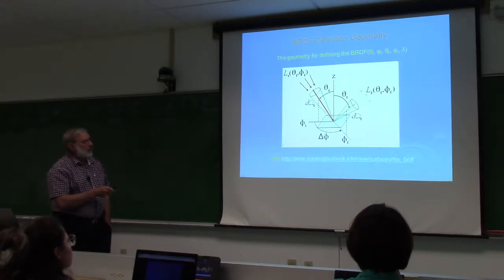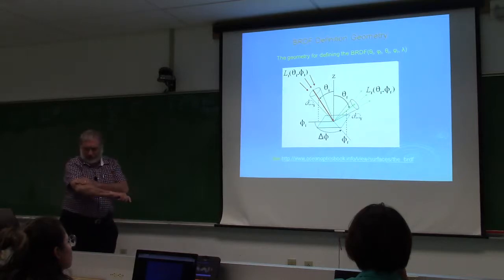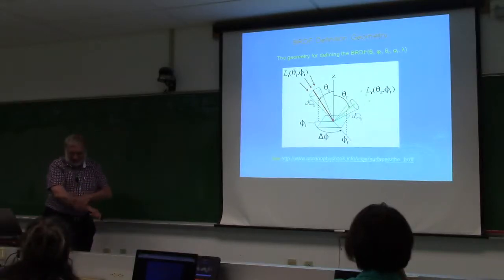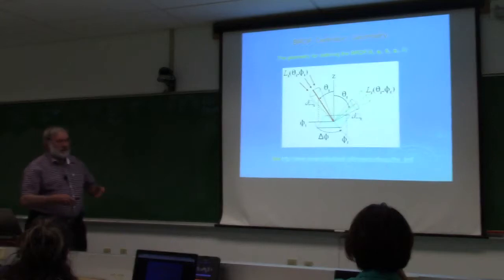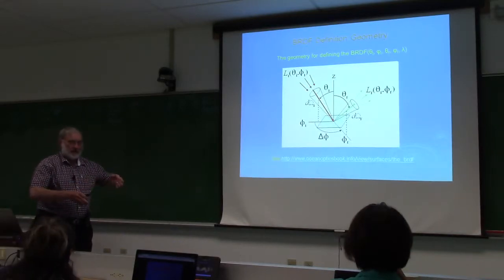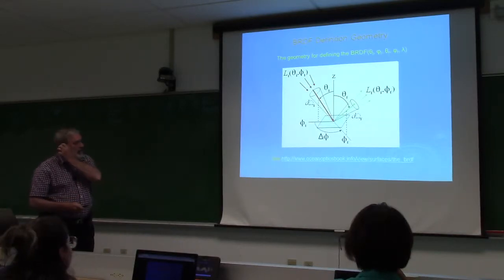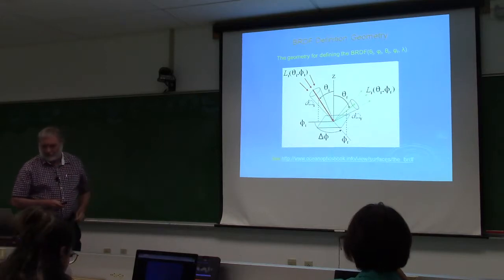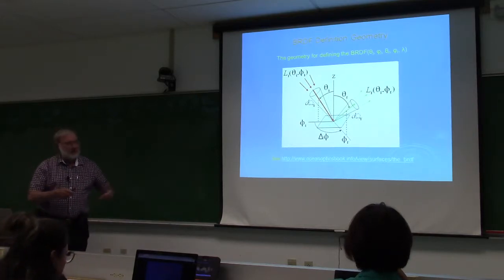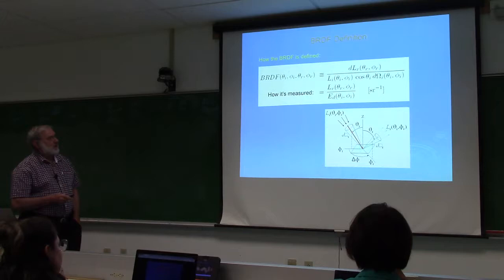And so we've got these two incident and reflected angles, and usually it's only the difference between the incident and final azimuthal directions that matters, although in a more general case you can have it depending on the exact directions and not just their difference. But anyway, this is sort of the basic idea of the geometry.